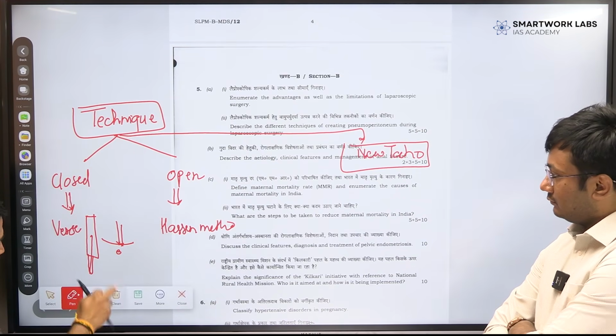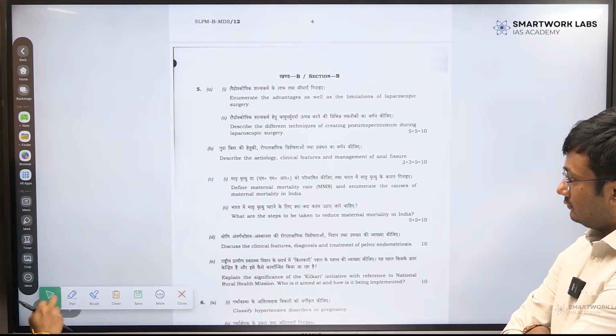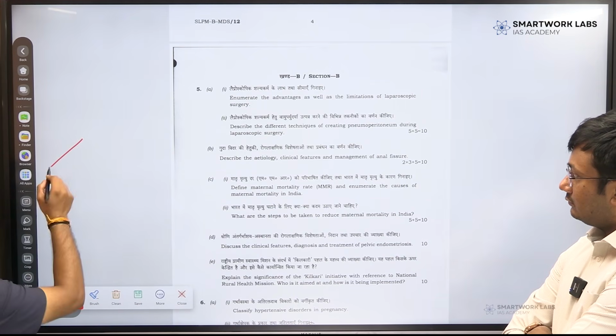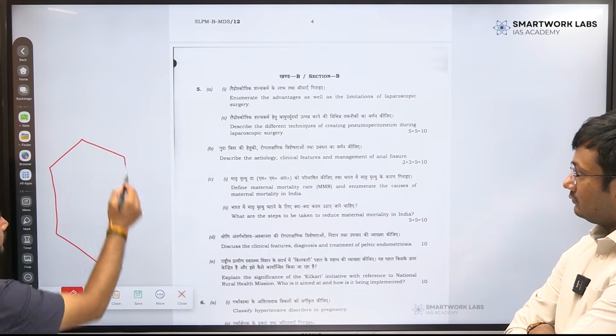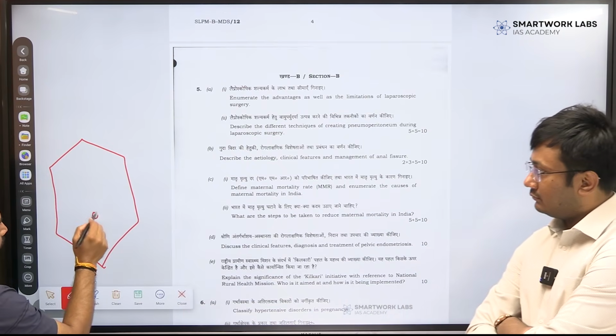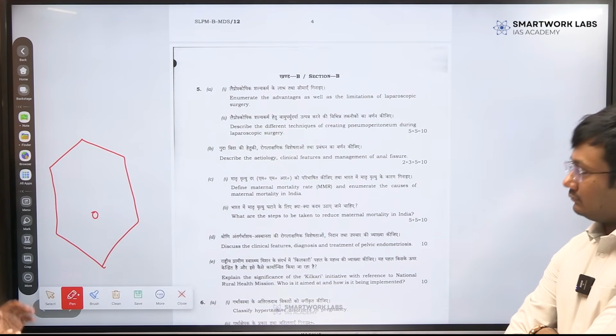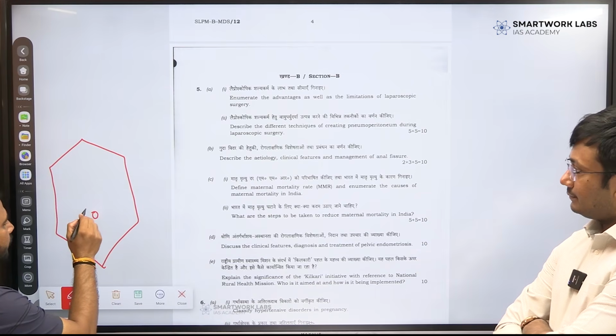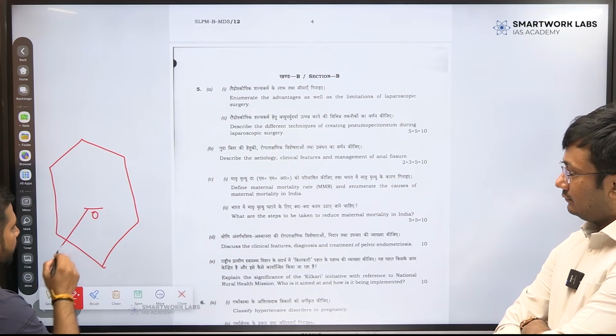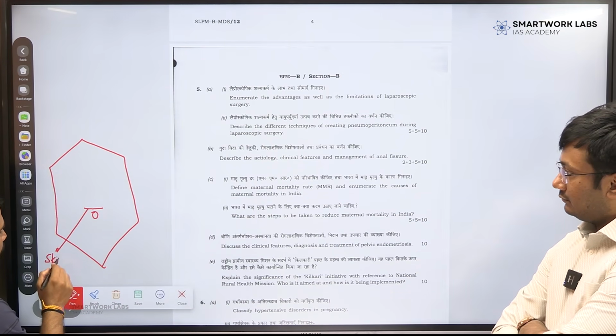This is the abdomen. Always draw a diagram, it's very important. Mostly we give a supraumbilical or infraumbilical incision. Give an incision, and that is a skin incision. This is not opening the abdomen.